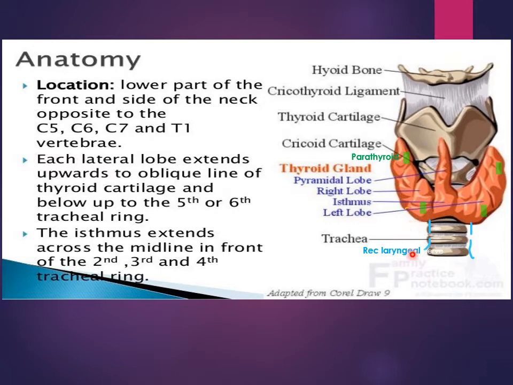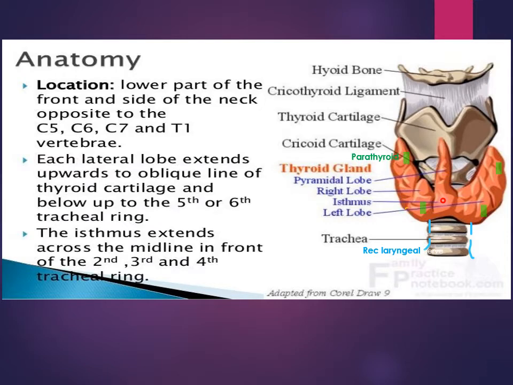Then there is another important structure that passes by the gland, actually between the trachea and the esophagus, in the esophageal-tracheal groove. This is the recurrent laryngeal nerve, on either side, the right and the left. Okay, the two lobes are joined together in the center by the isthmus.